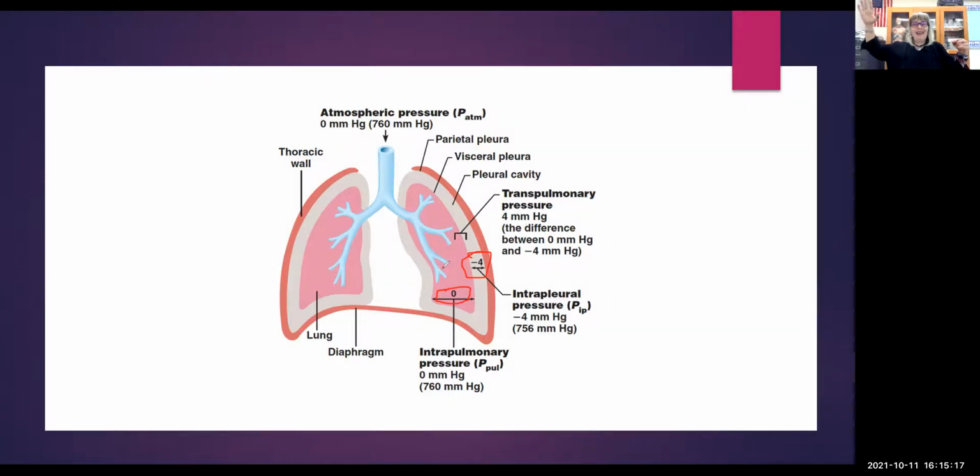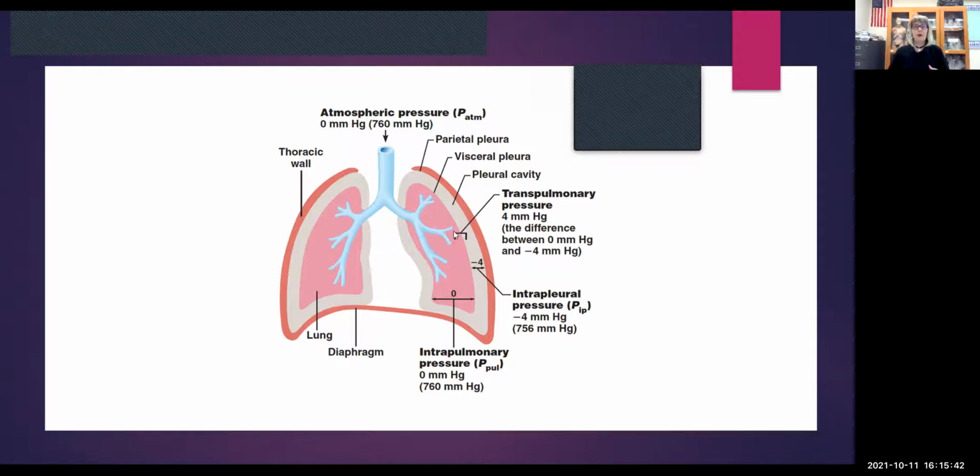And then on expiration, your lungs recoil, your pressure goes up, and your volume goes down. So just so you know, the pressure in the lungs, the P pul, changes with inspiration and expiration for obvious reasons, as I said before, because we expand the lungs and the volume goes up, pressure goes down, air flows in, inspiration.